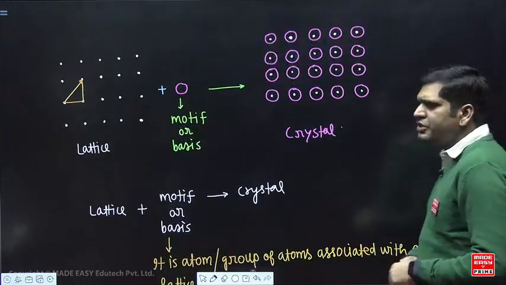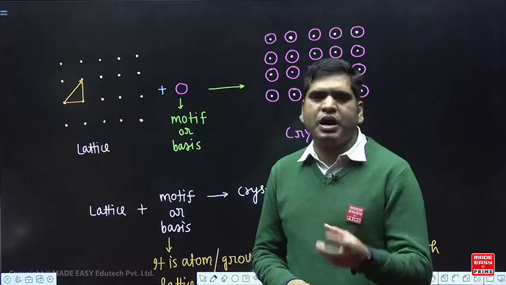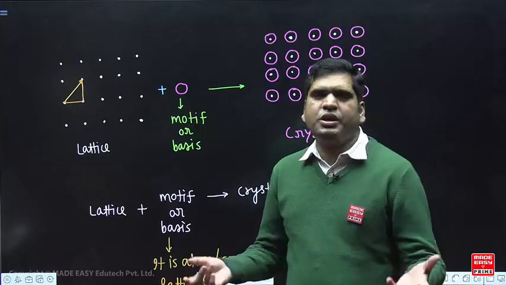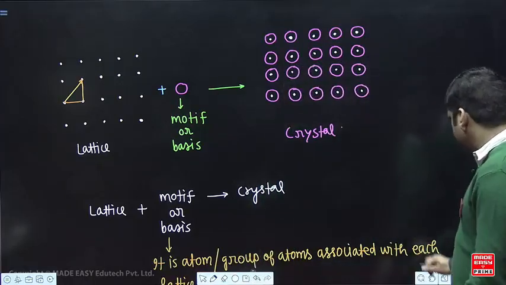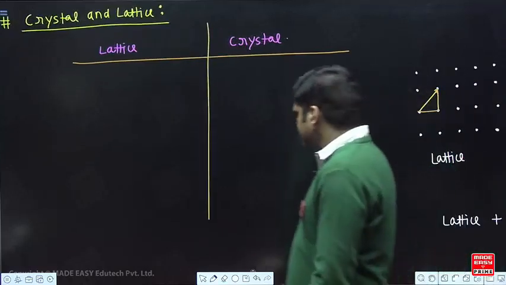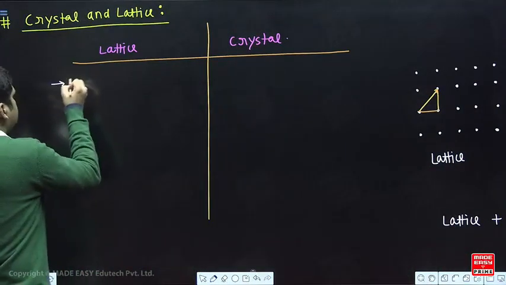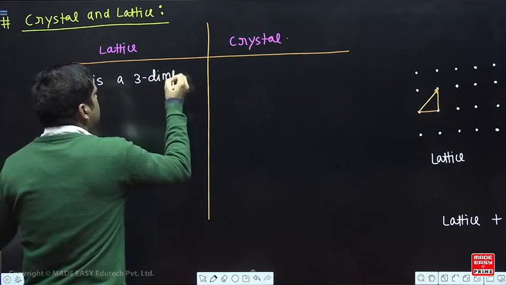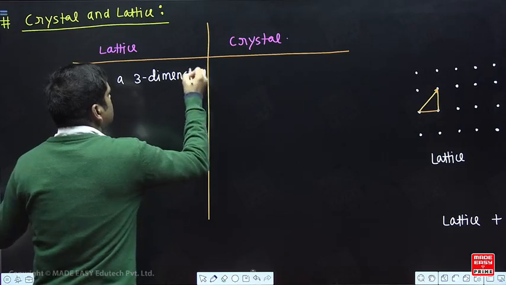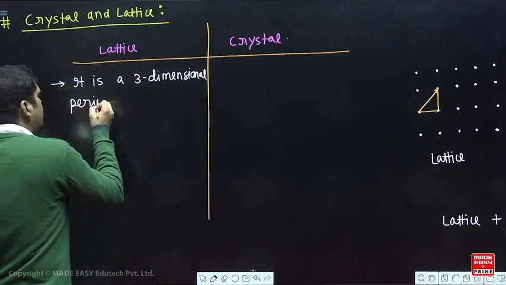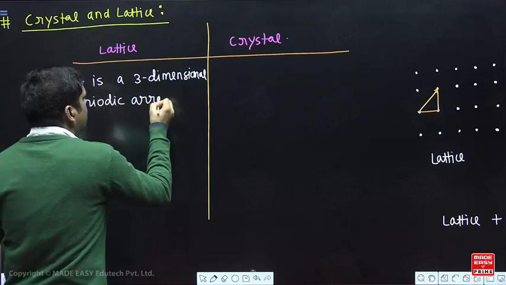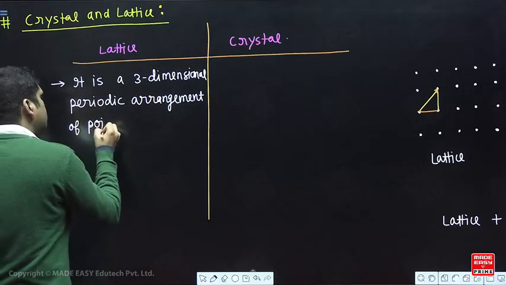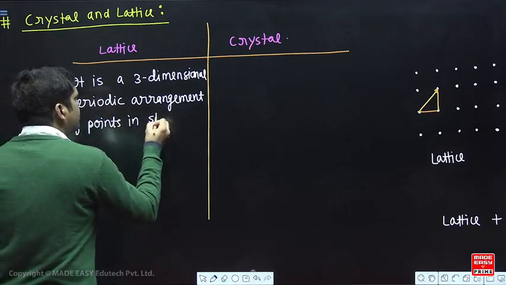Now crystal is a physical object. It will have physical properties, some mass, some density, some volume, some electrical conductivity, some magnetic property. All those things will be exhibited by this material. So we can compare it like this. Lattice is a three-dimensional periodic arrangement of points in space.